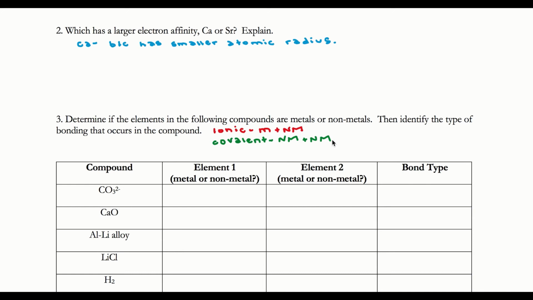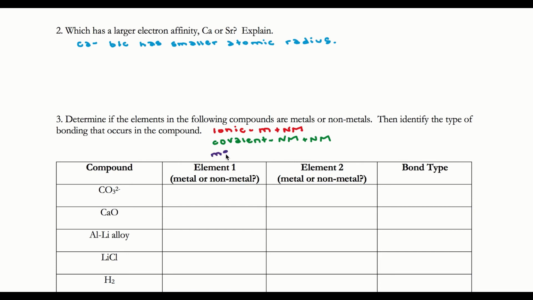Instead, in order for them to achieve the octet, which is the goal, right? That's when the atom is most stable. They're going to have to share electrons. So while in ionic bonding a metal gives up an electron to a nonmetal for them to both achieve an octet, in covalent bonding the nonmetals share electrons because neither of them is willing to give up electrons in order to achieve that octet.